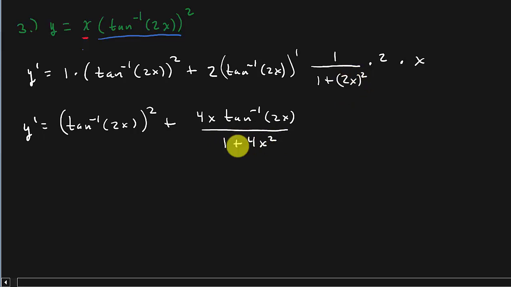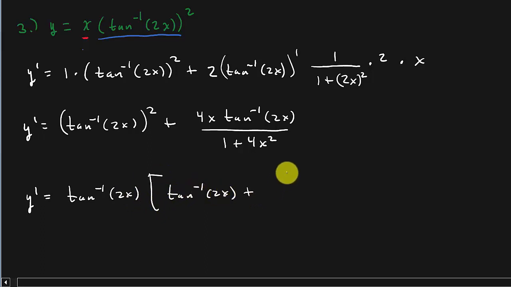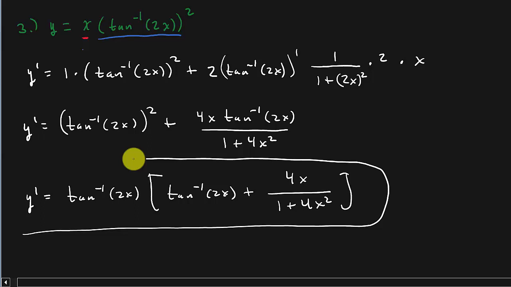So now let's factor out an inverse tangent 2x. And that'll leave us with inverse tan 2x plus 4x over 1 plus 4x squared. And that should be our answer. I believe it is. And so there's your answer.